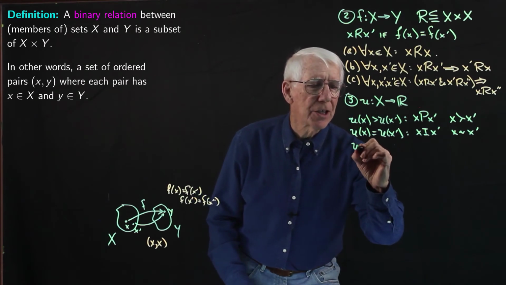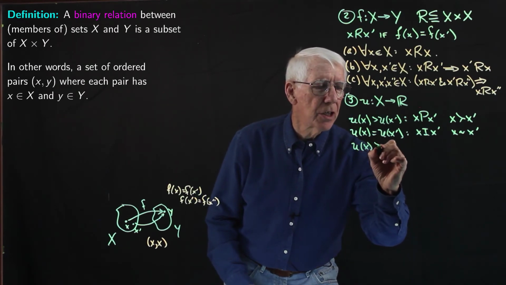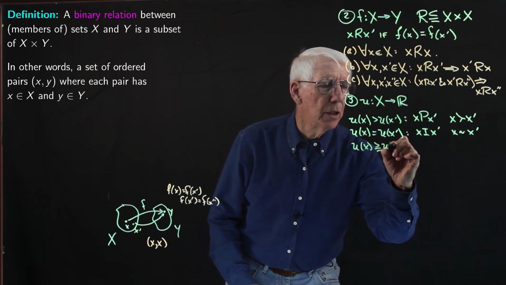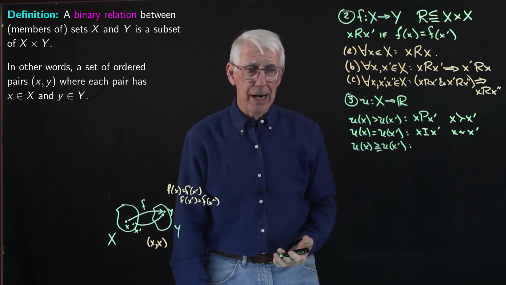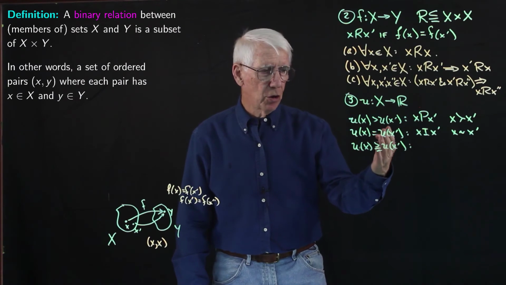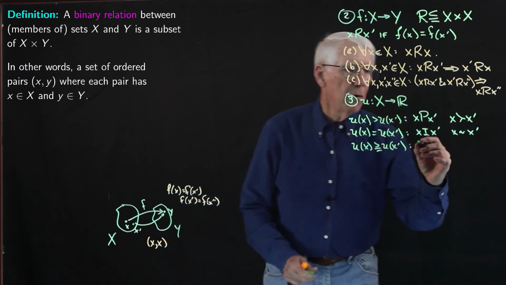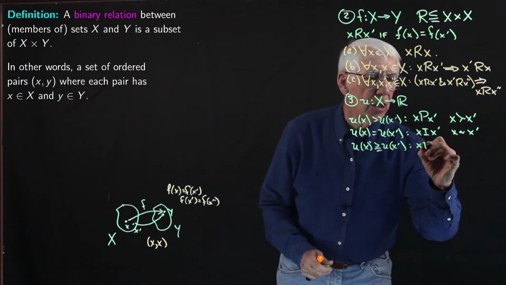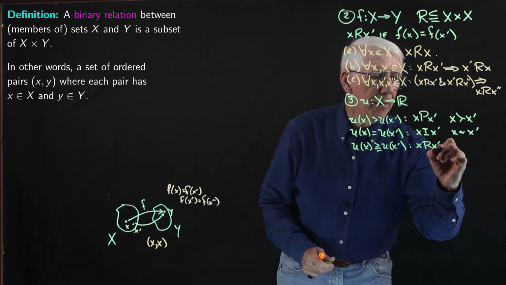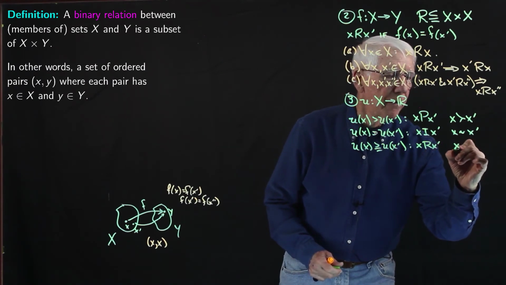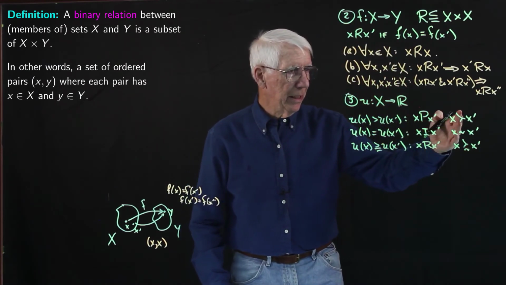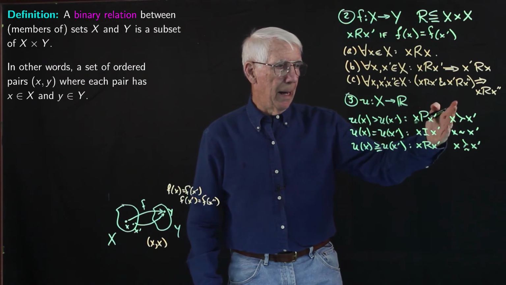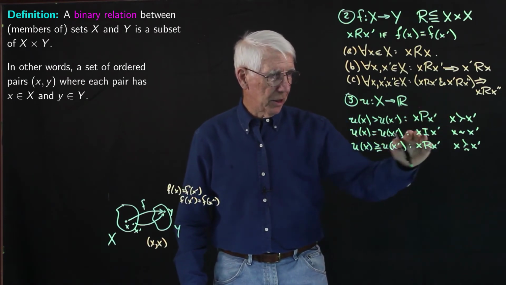And finally, let's say if u of x is greater than or equal to u of x prime, we'll write that as x R x prime, and the alternative notation we'll use for that will be combining the curly greater than symbol with the little tilde.